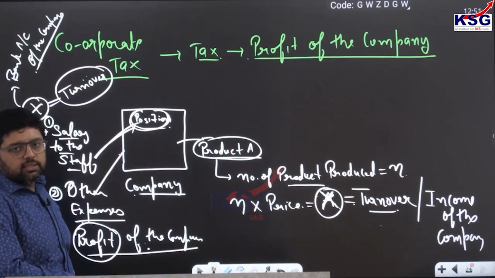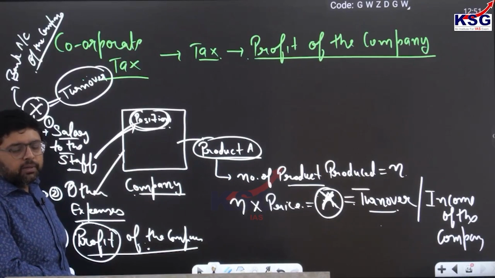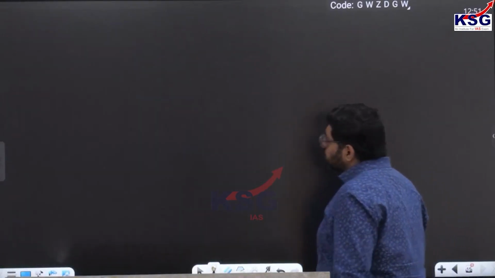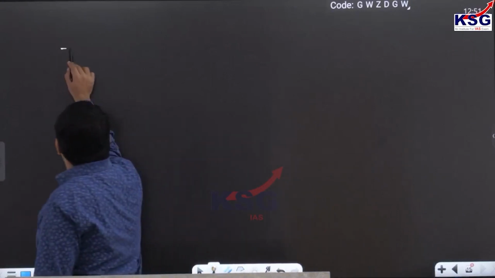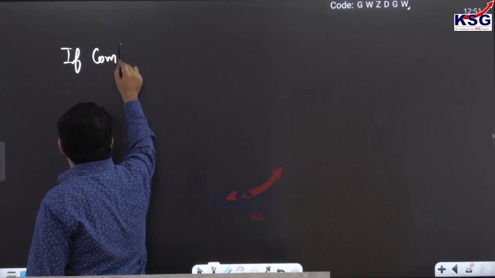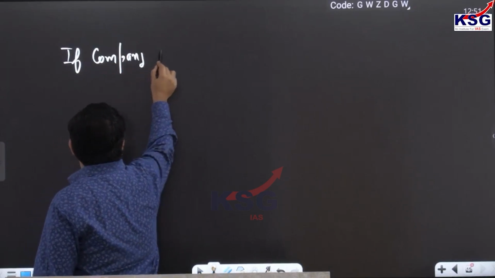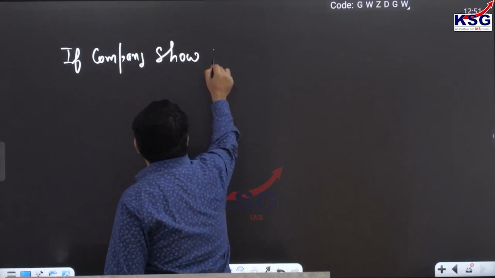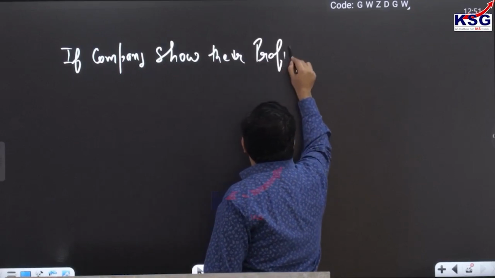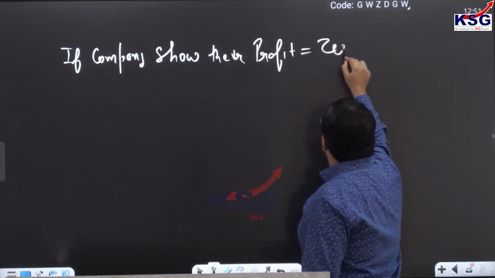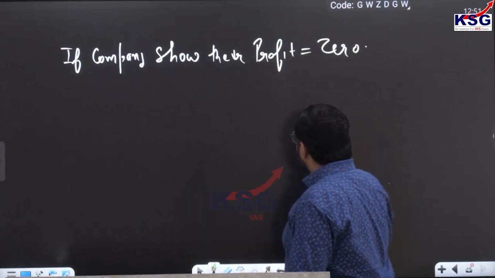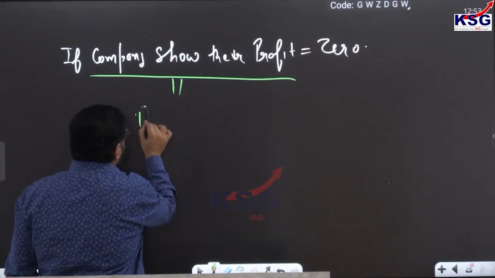So in that case, if a company shows their profit as 0, then these companies are known as book profit companies.